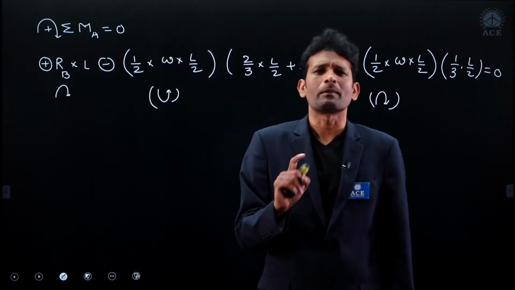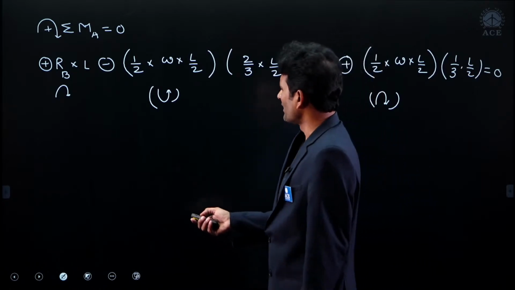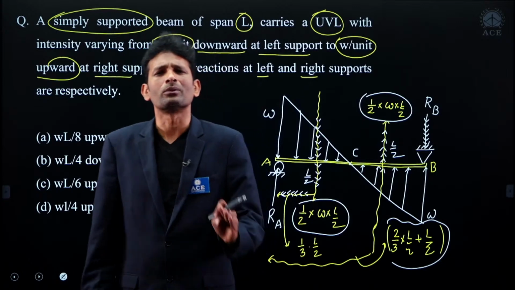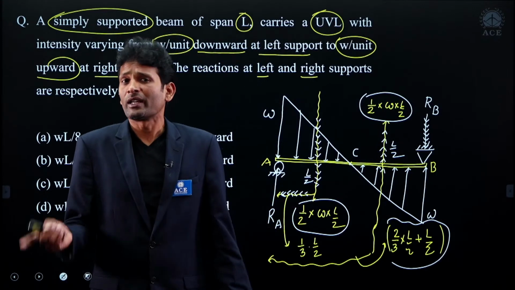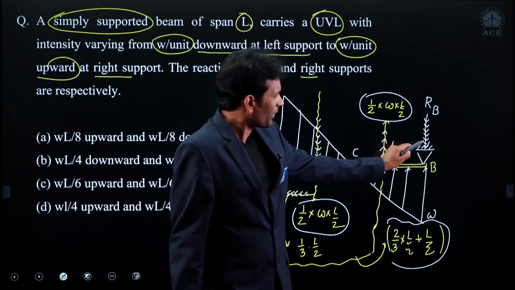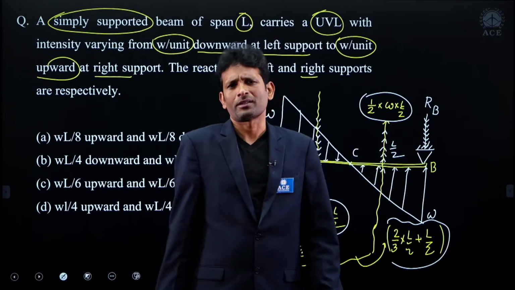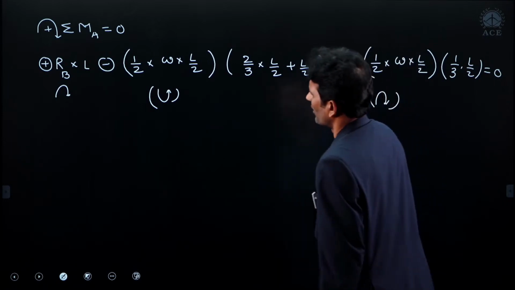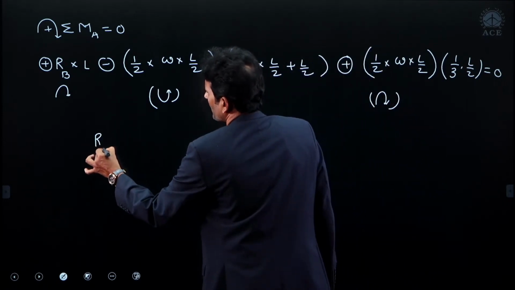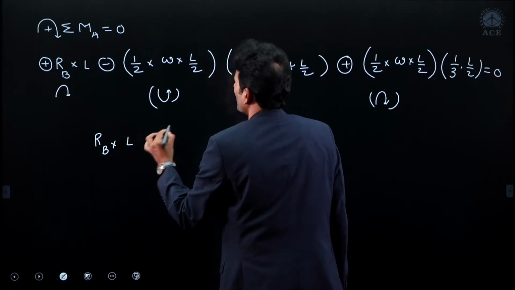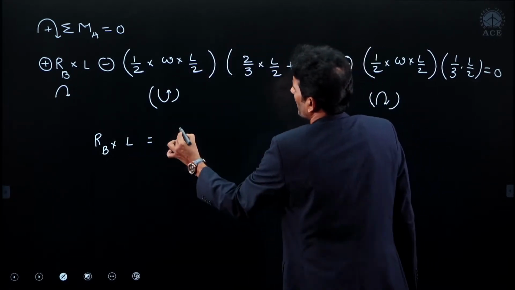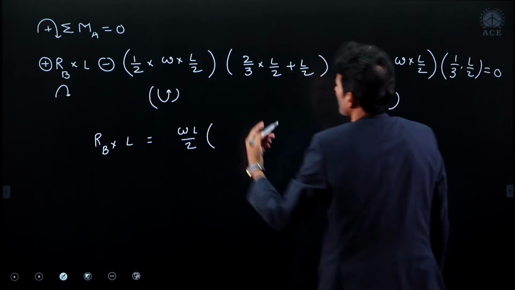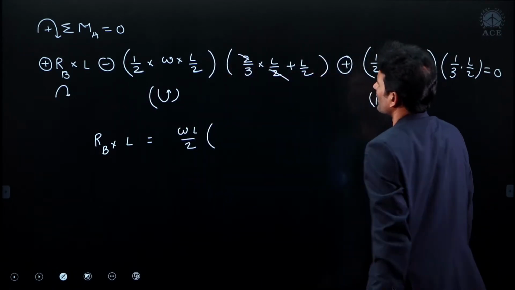Suppose I get the RB value negative, that means our assumed direction at support B is wrong. Try to take the reverse. If I get a positive value, the direction I assumed at B is correct. So try to simplify this one. Now, RB into L should be equal to omega L divided by 2 into negative, equal to this positive. This is getting cancelled.